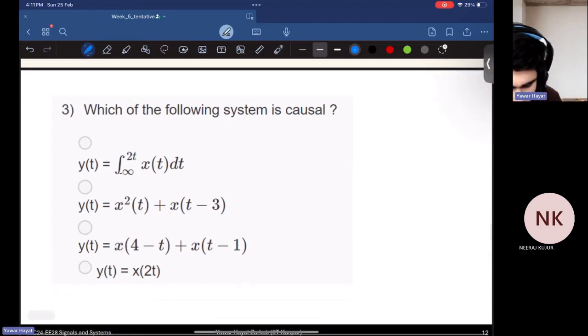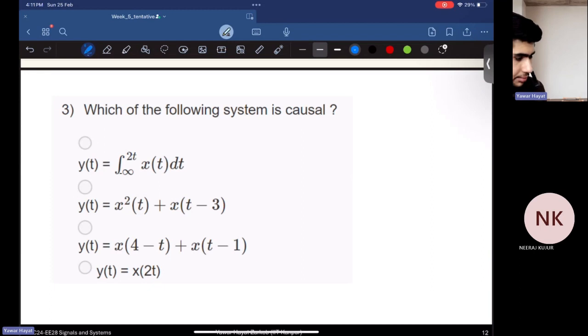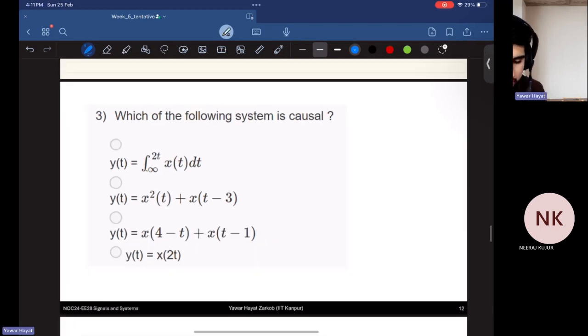Let's move on to the third part. Which of the following systems is causal? Will the first one be causal?